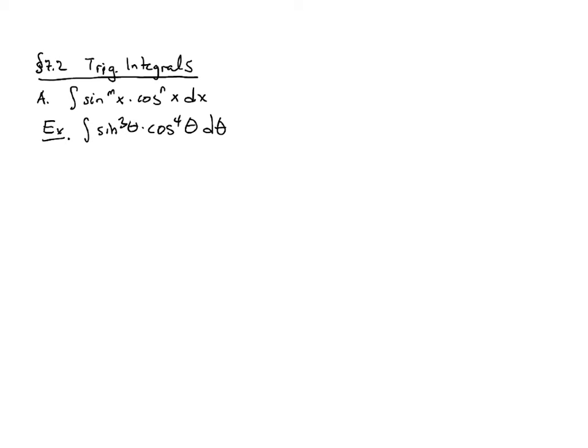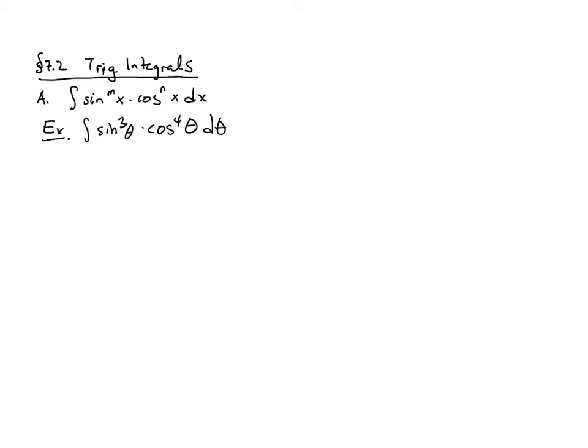Let's make that absolutely clear. So I have a power of sine functions, a power of cosine functions, and that's the thing that I'm trying to integrate, their product. And I would definitely not try integration by parts here, because if you take one of those as your u and one of those as your dv, that dv choice is not going to be easy to integrate. Okay, so we have to try a different technique here.